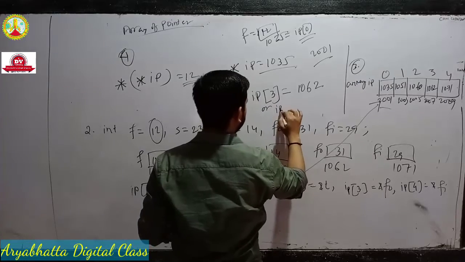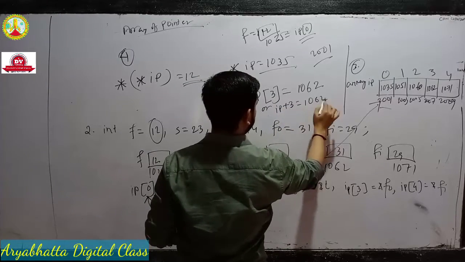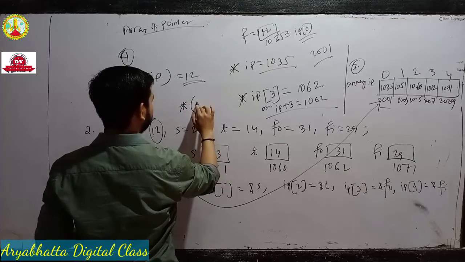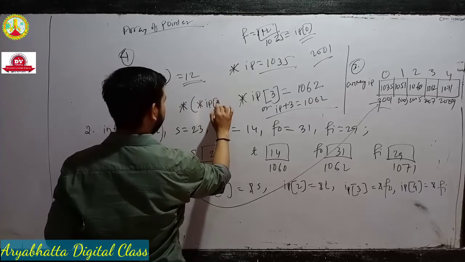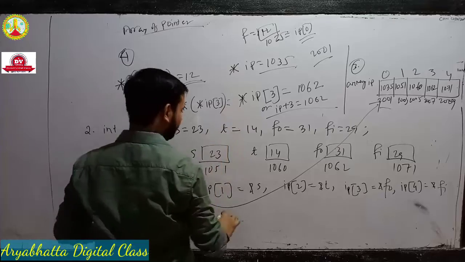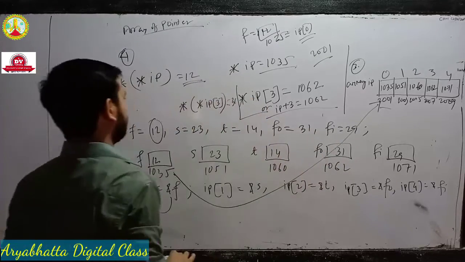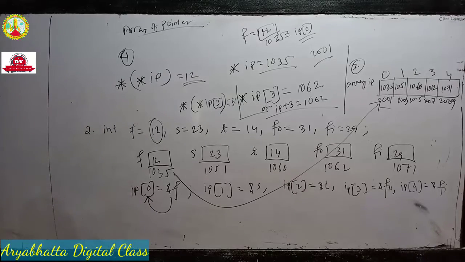It is also a concept like this. But if you define star star IP3, then you can go to the 31, right?